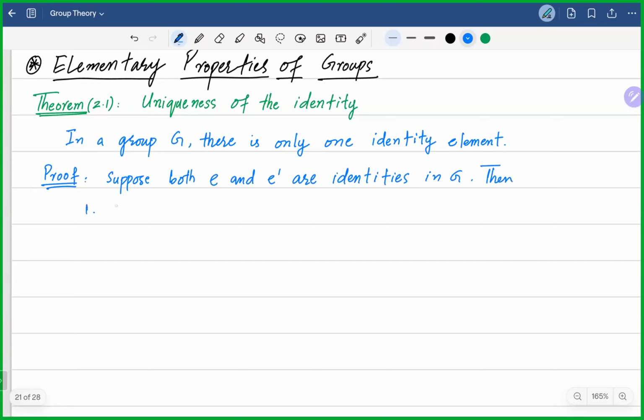Number one, we know that AE is A for all A in G. And since we have E prime, we also have two, which is E prime times A is A, and this is also for all A in G.